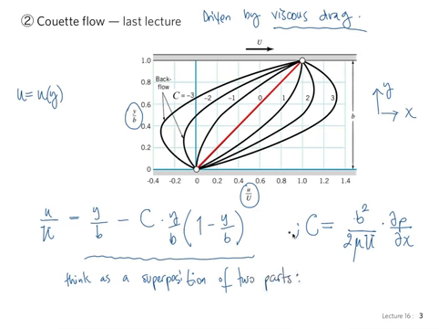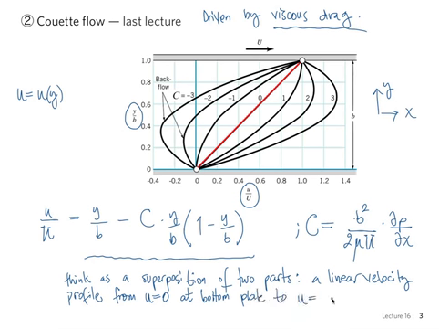A linear velocity profile, this term over here, y over b, which goes from u equal to 0 at the bottom plate to little u equal to capital U, the velocity of the top plate, plus a parabolic distribution.